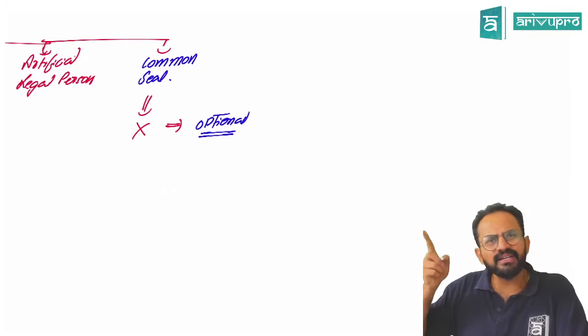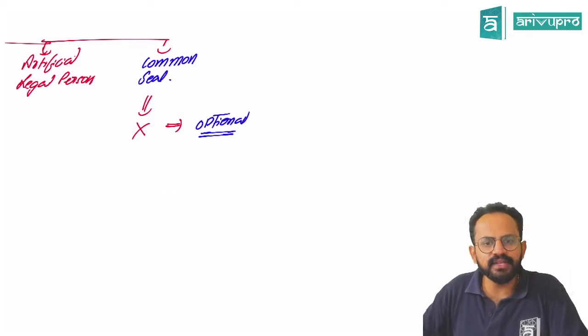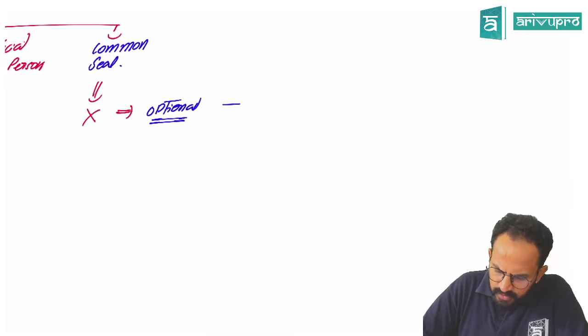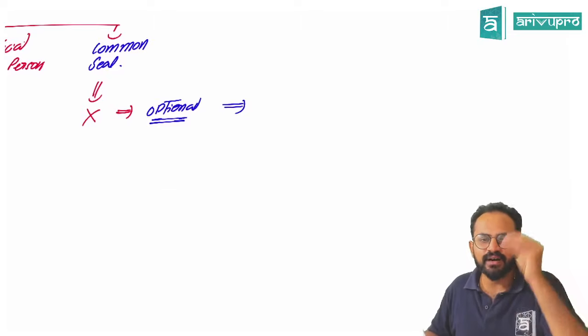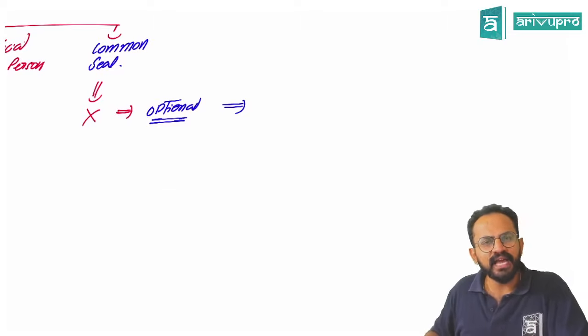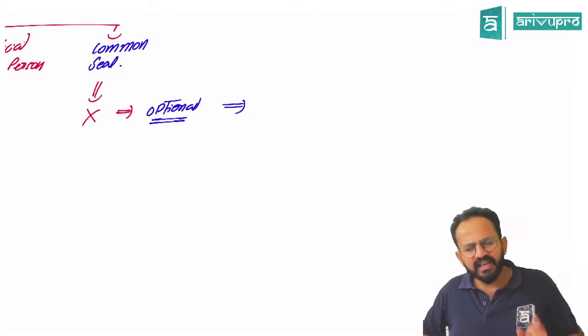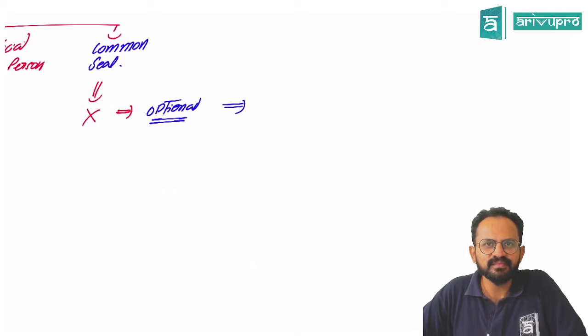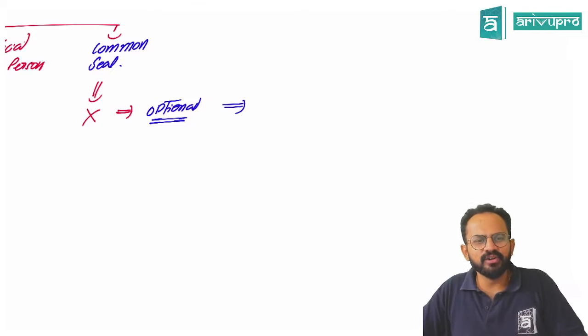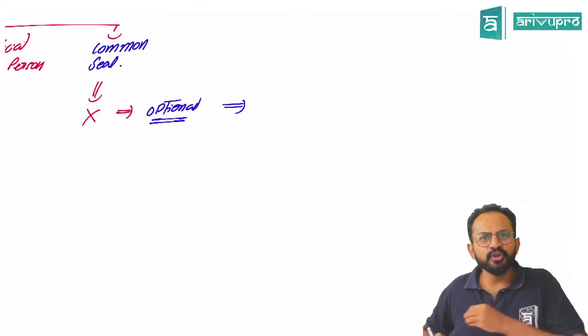Sir, but tell us why, sir. Then how will the company sign? People, they have used logic here. I'll explain the logic so that it will sit. I say company is a person, but tell me, can the company itself come and press the seal? Someone should press it, no?